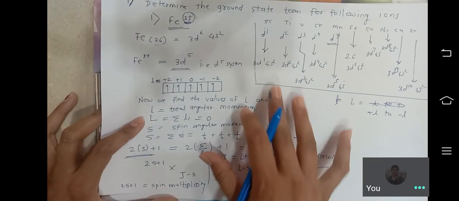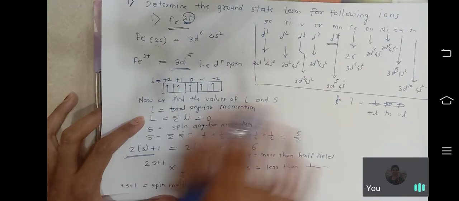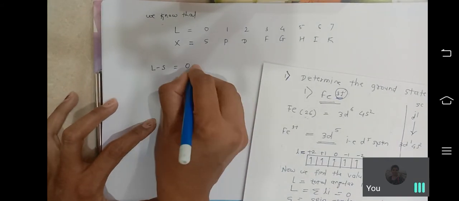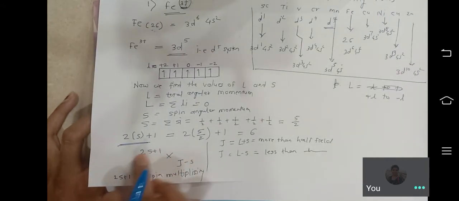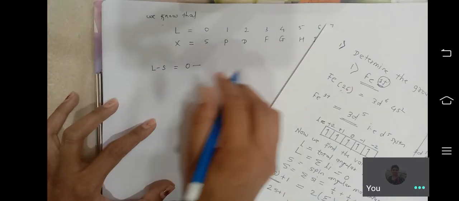Then how do you calculate the value of L minus S? In the previous step, how did you calculate the value of L? Here 3 minus 3, that means 0. You have to write here 0, minus. What is the value of S? You find the value of S, here 5 by 2.